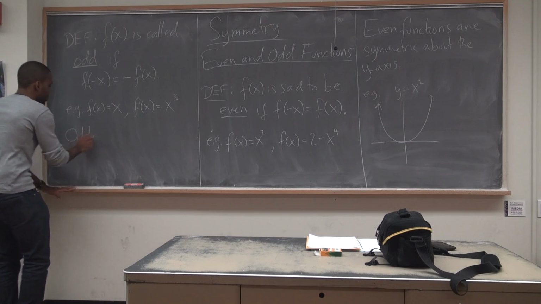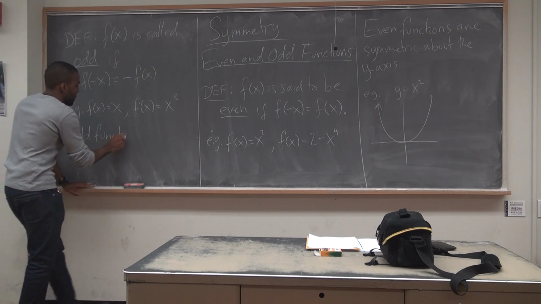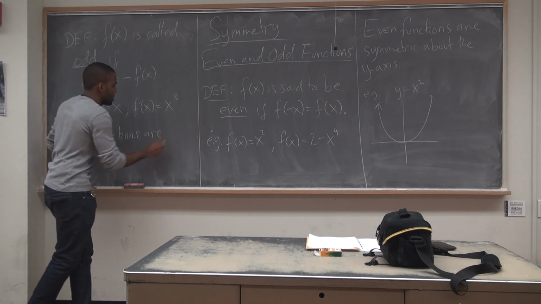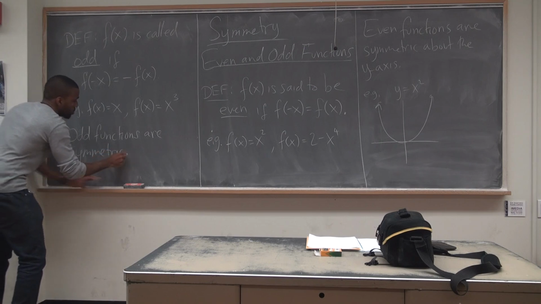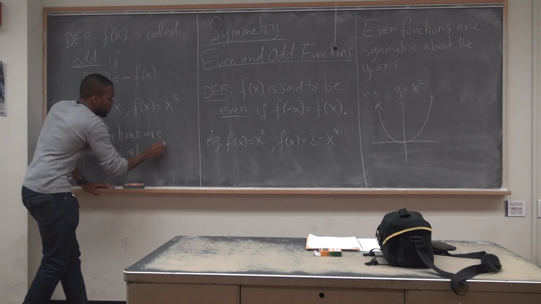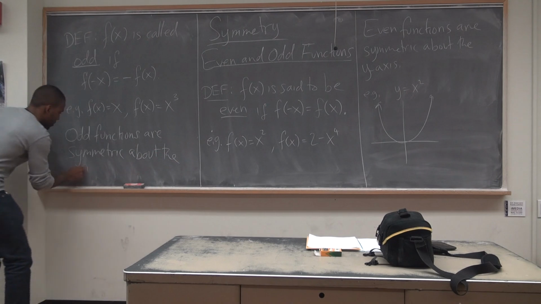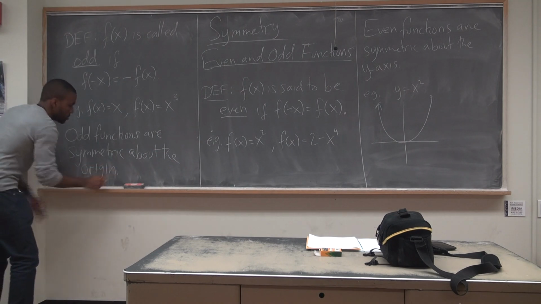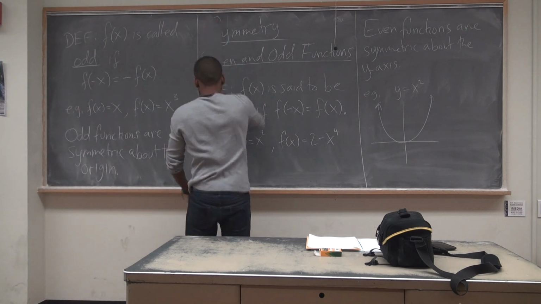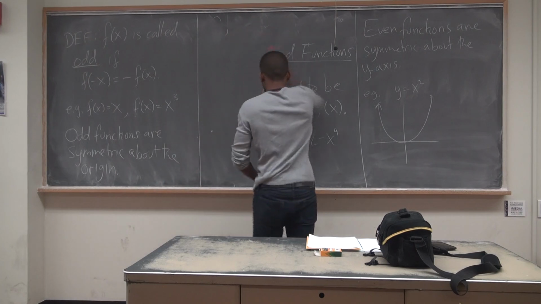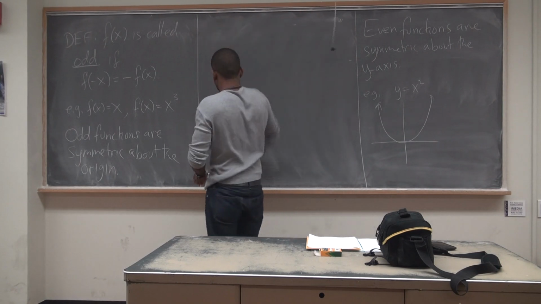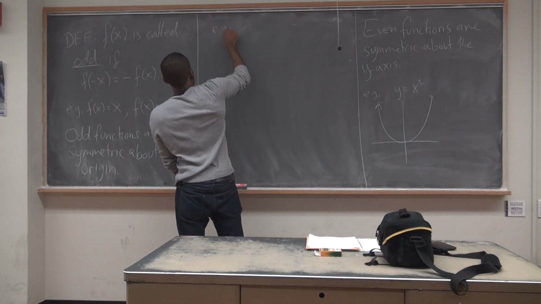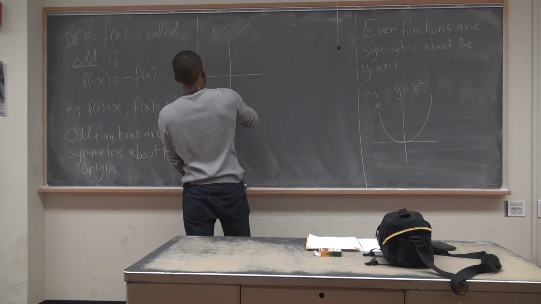Odd functions are symmetric about the origin. Now that phrase can be confusing, so let me describe what it means to be symmetric about the origin. For example, y equals x.